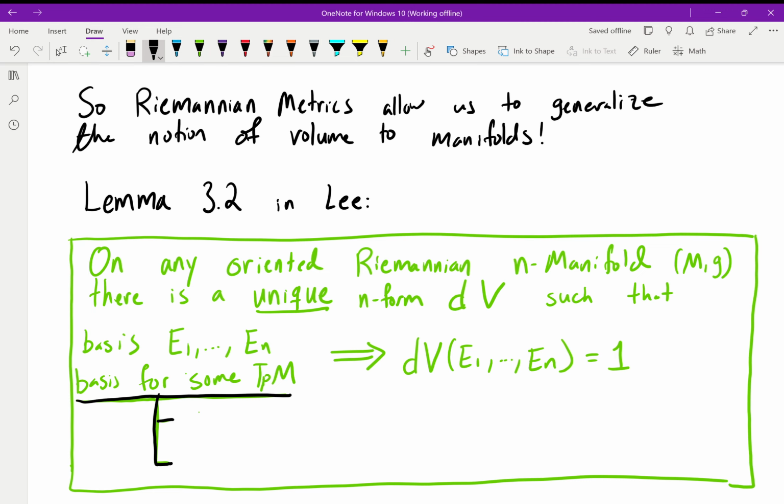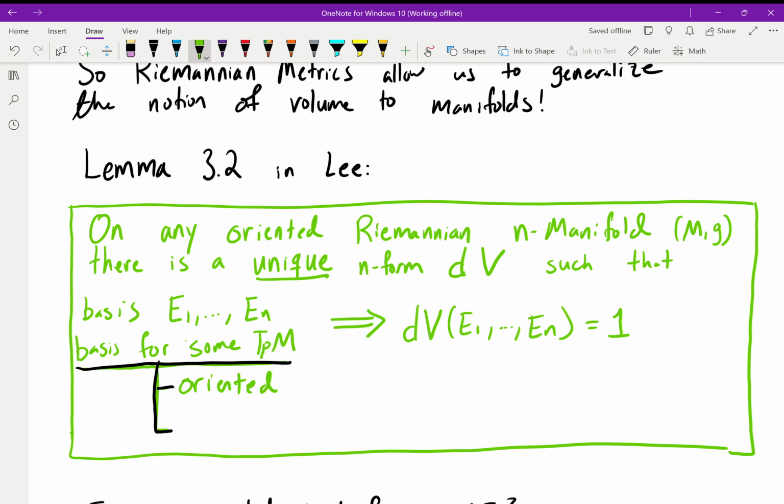The only criterion is that this basis be oriented, otherwise volume doesn't make any sense, and they need to be orthonormal. Oh, look, I wrote basis twice.